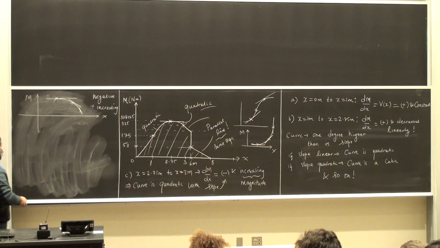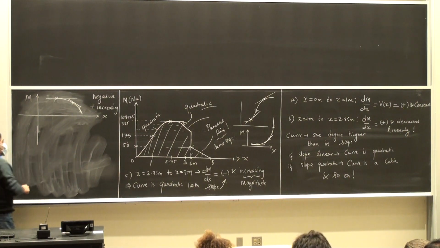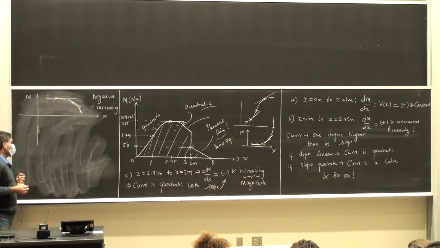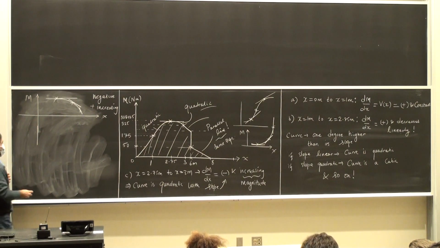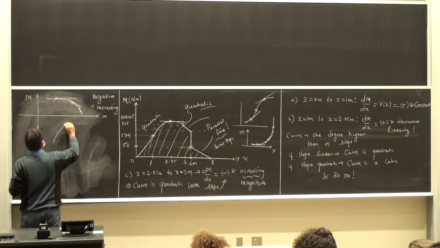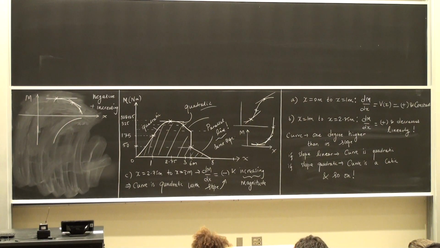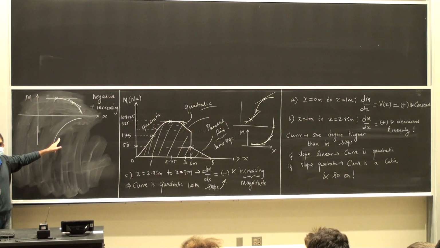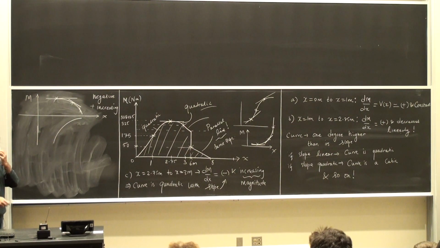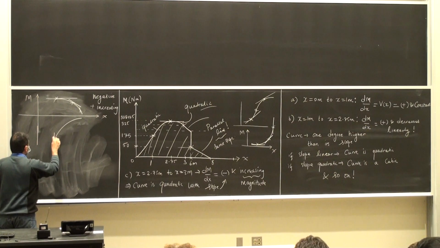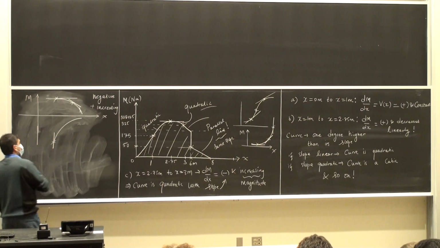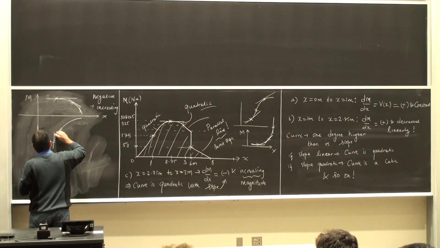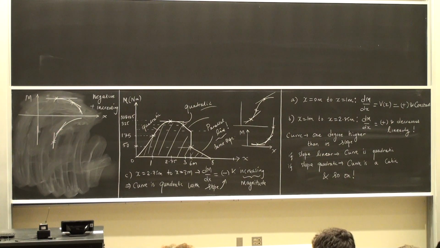Okay, let me draw another curve. So I'm drawing this in the negative portion of the graph that I'm showing here. Can anybody comment on the slope of this curve? Decreasing. And to help us out, I'm going to draw tangent lines. That's the tangent line at that particular point. That's the tangent line at that particular point.